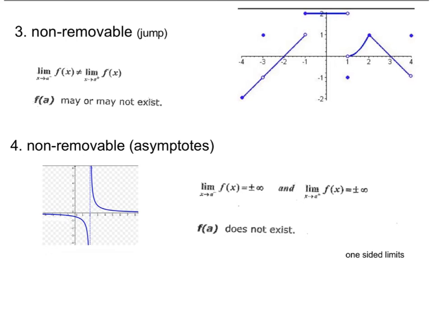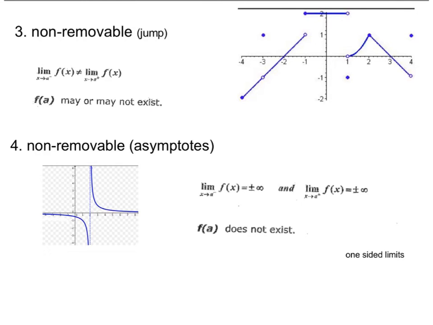Another type of discontinuity is called a non-removable discontinuity. And that would be like a jump, right here, where the limit from the left does not equal the limit from the right, and f of a may or may not exist.